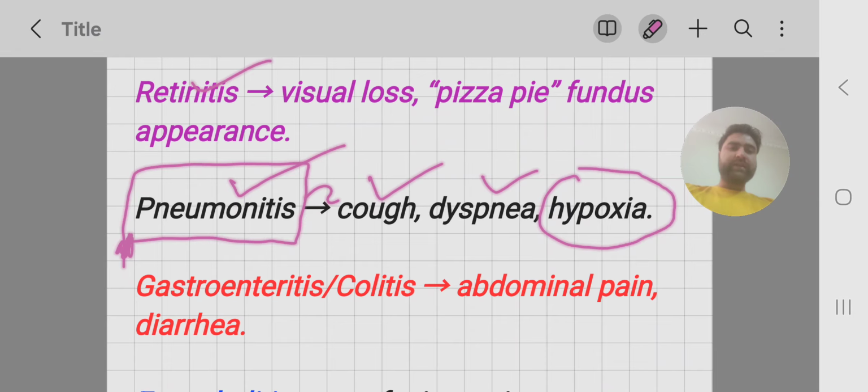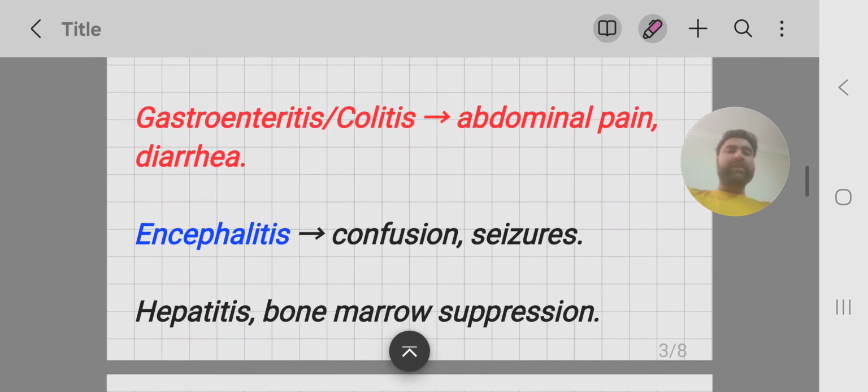Retinitis, pneumonitis. Also, those who have inflammatory bowel disease and are on immunosuppressants can develop CMV colitis.